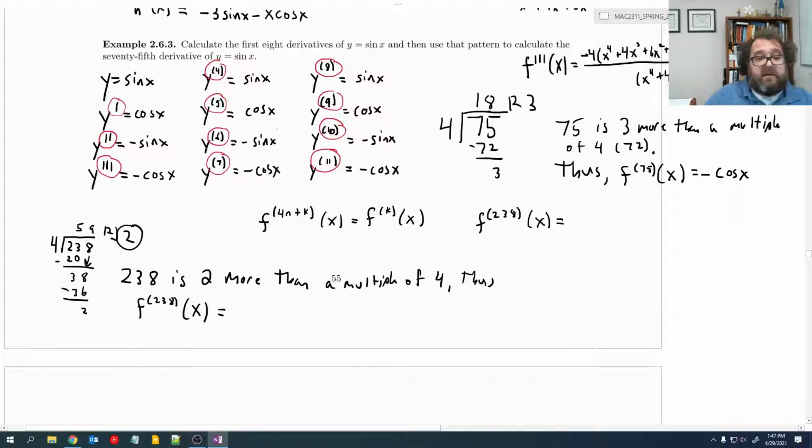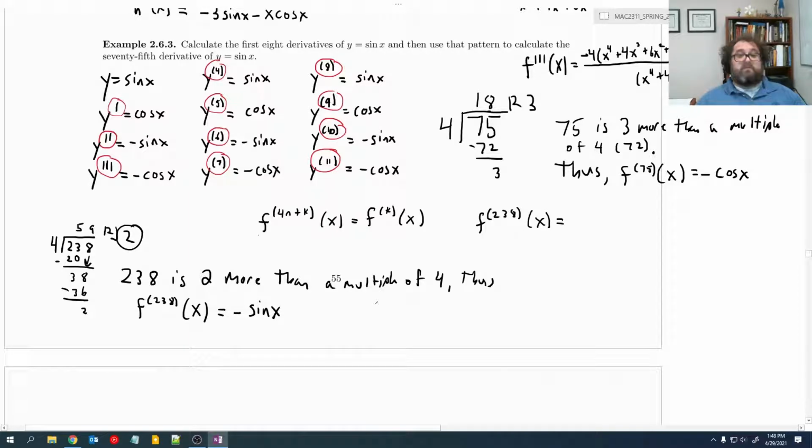So that was the third row here. 2 more than a multiple of 4, that was negative sine x. The 2nd derivative, the 6th derivative, the 10th derivative, those were all 2 more than a multiple of 4, so negative sine x.